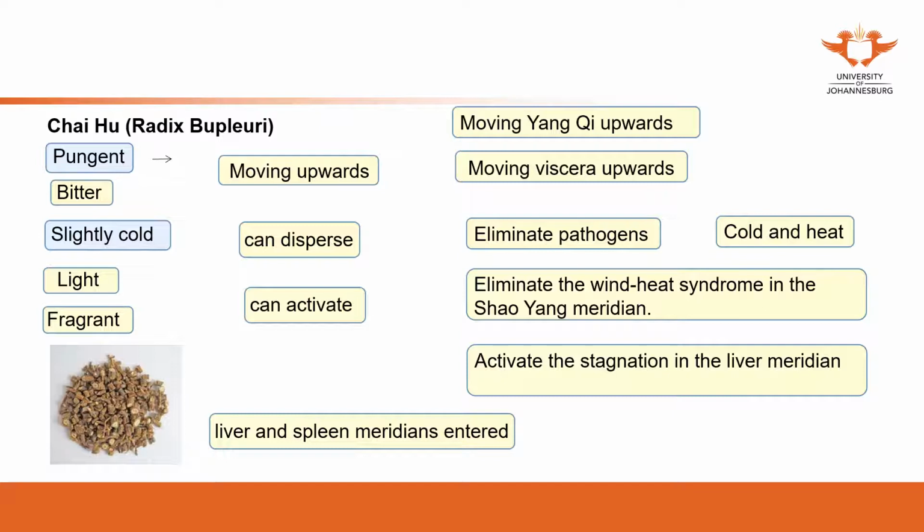So when you put all these together, dispersing and activating can eliminate the pathogens, especially heat, in heat syndrome and 少阳. Because it is pungent, it can activate the stagnation in the liver meridian. It also enters the liver meridian.